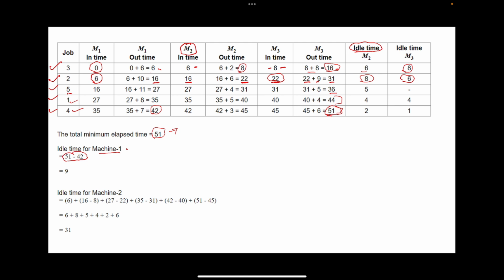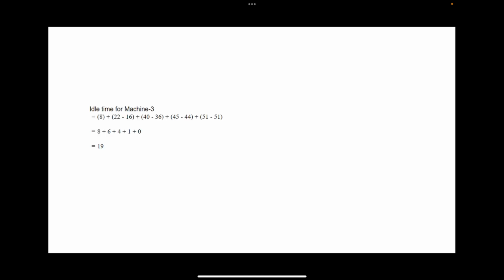So 51 minus 42 is 9. For machine 2, the idle time we have calculated to be 31. Similarly, you can calculate the idle time for machine 3. So this is how you apply Johnson's rule for three machines.